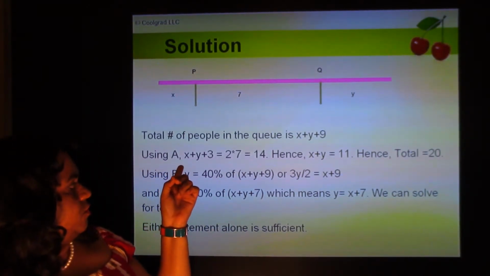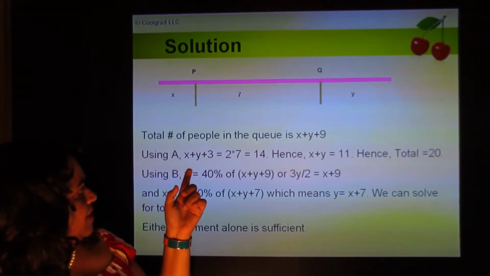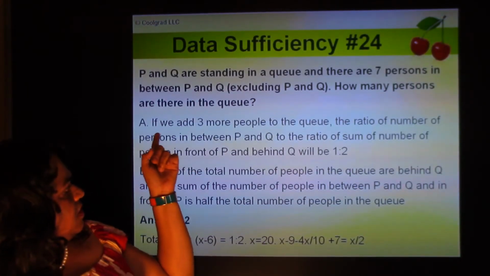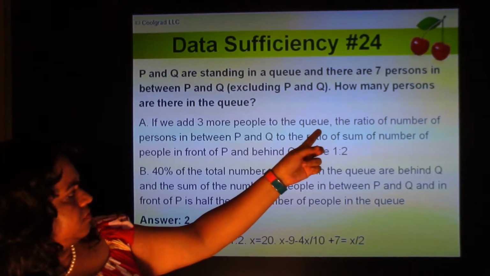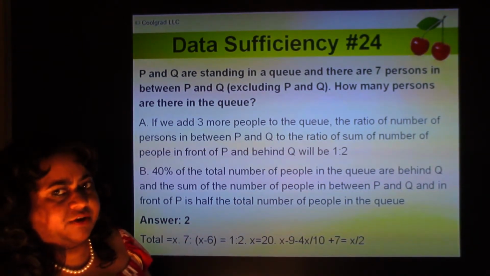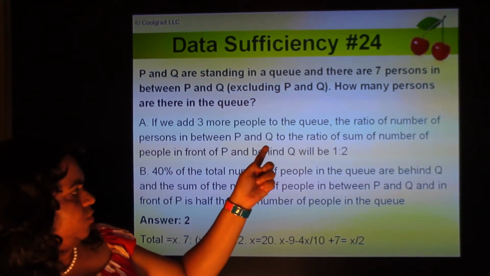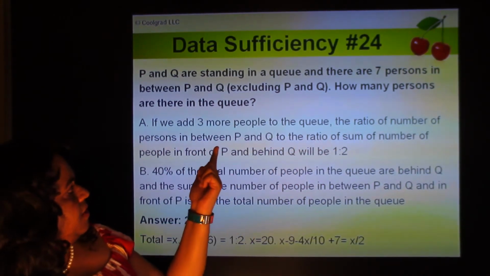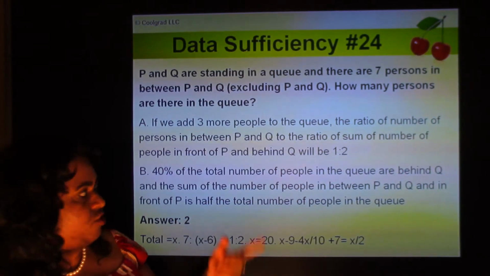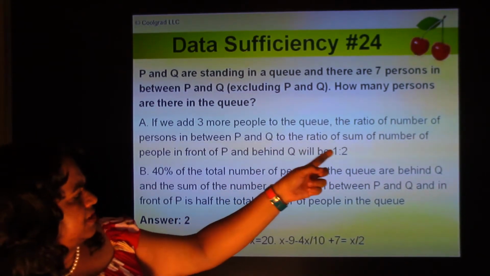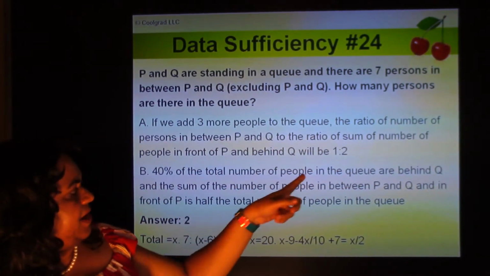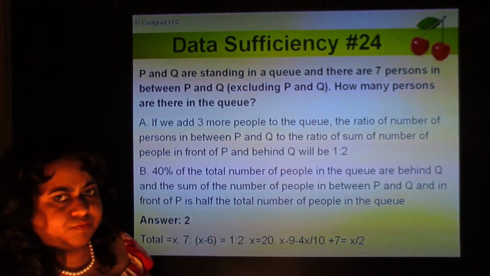Using statement A alone. So what was statement A alone? If we add 3 more people to the queue, so it's clearly added to the end of the queue. The ratio of number of persons in between P and Q, so we know that the number of people in between P and Q is 7, to the sum of number of people in front of P and behind Q will be 1:2.